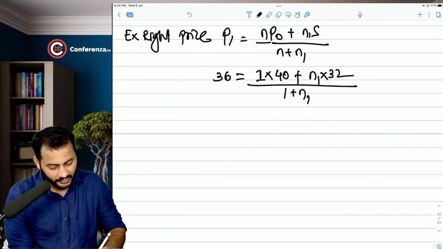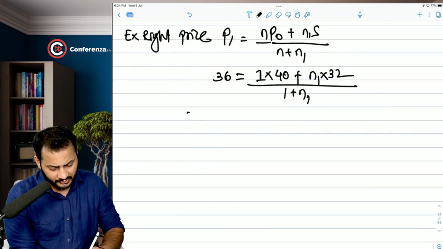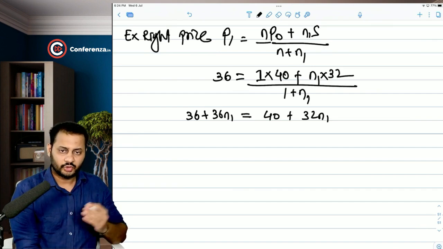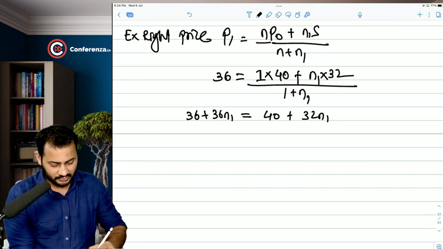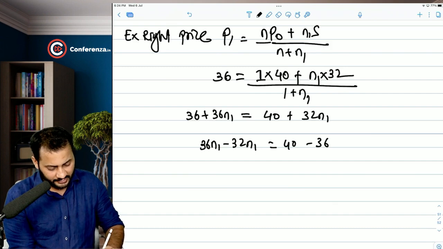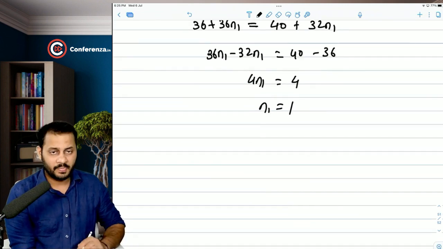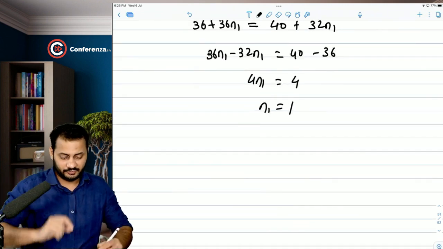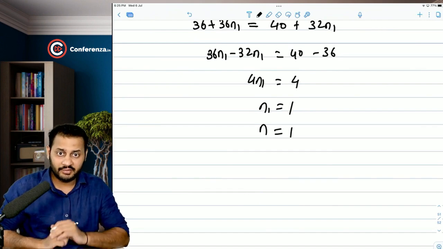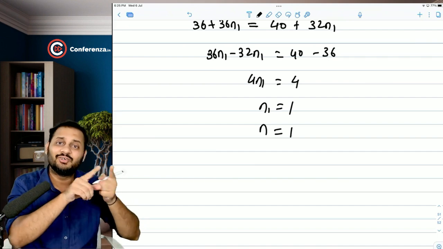If I solve this, it will be 36 plus 36 N1 is equal to 40 plus 32 N1. I will take N1 to one side. It will be 36 N1 minus 32 N1 is equal to 40 minus 36. It goes to 4 N1 is equal to 4, and N1 is equal to 1. That means for every N equal to 1, N1 is also 1.